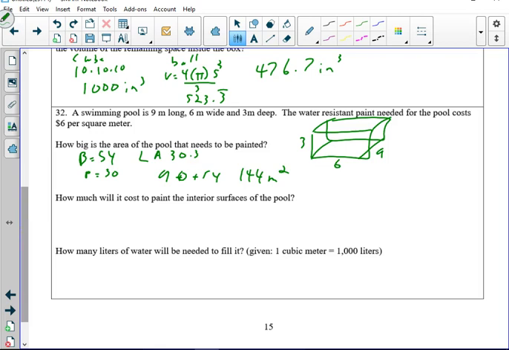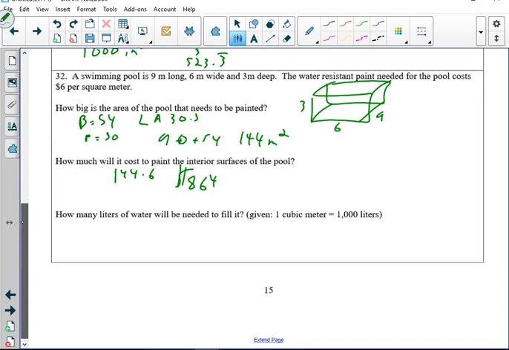How much will it cost? Well, that's 144 times 6, which is $864. How many liters of water will it take? Well, that's 54 times 3 is 162 cubic meters.